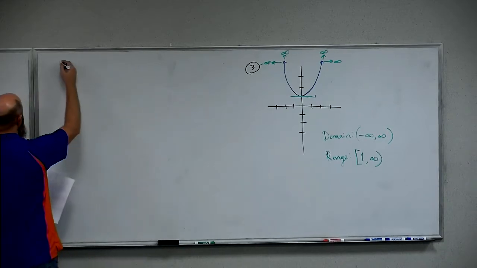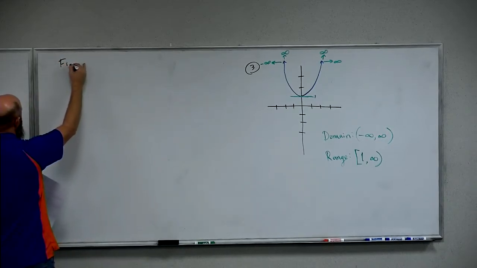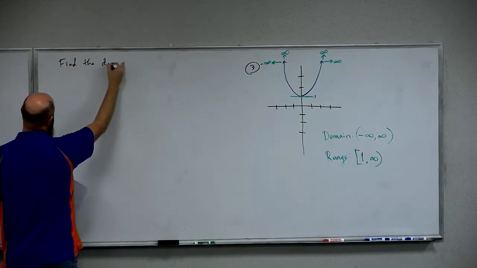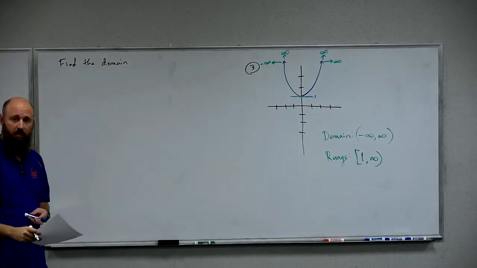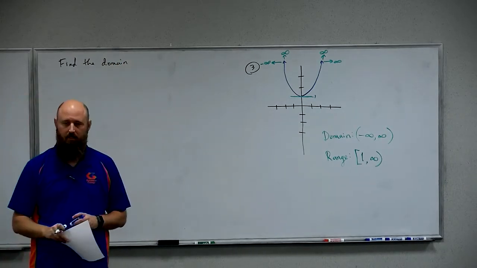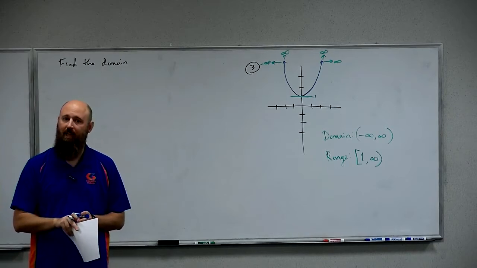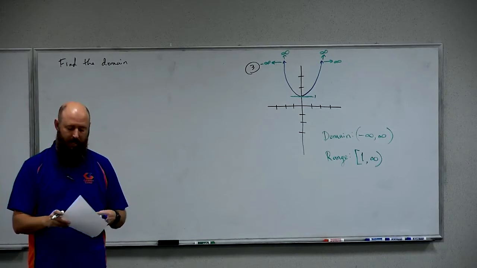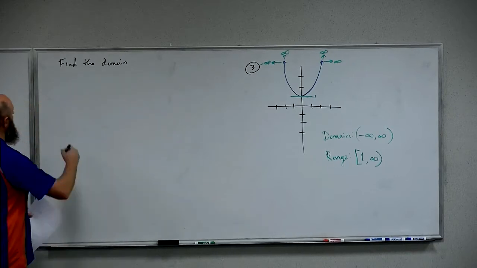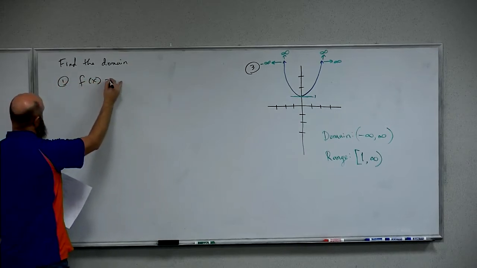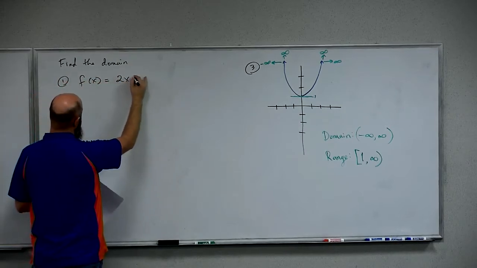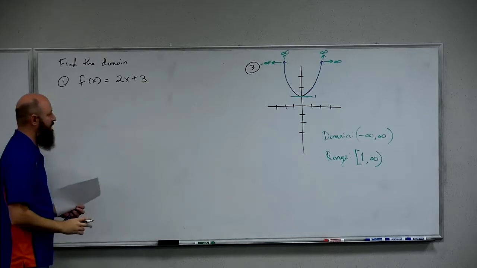Now for here, we're just going to find the domain only. We're not going to worry about the range at this point because of the way equations work. It's a little bit more in depth, and we're just not going to do that at this point. We may come back to that later. All right, so f of x equals 2x plus 3.